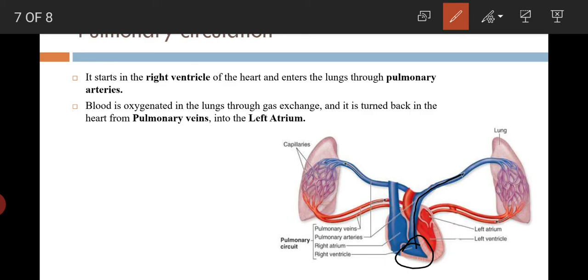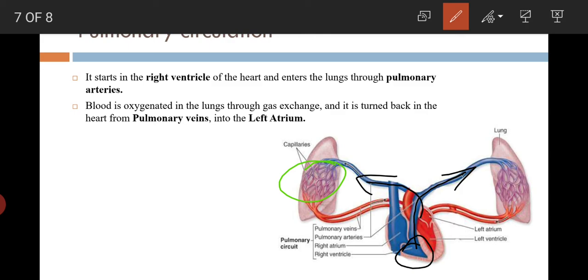These are the pulmonary arteries, 2 of them, one for the right lung and one for the left lung. These pulmonary arteries are the only arteries in our body that transport carbon dioxide. So the blood goes to the lungs, and in the capillaries the gas exchange happens.